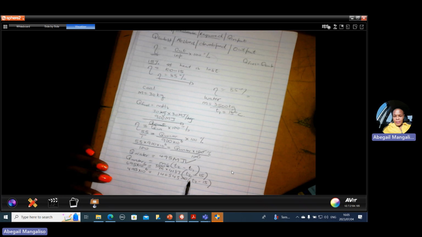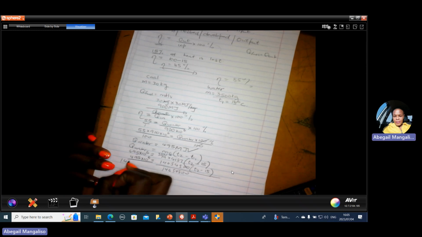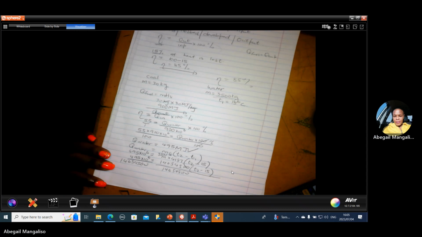Now, since the unknown is inside the bracket, we can just get rid of the coefficient of this bracket by dividing both sides by 14,654,500. So we divide both sides. 495 times 10 to the power 6 divided by 14,654,500.